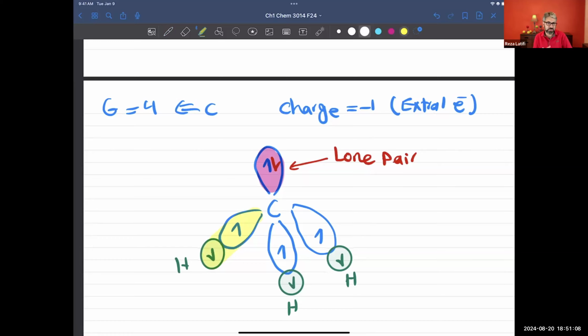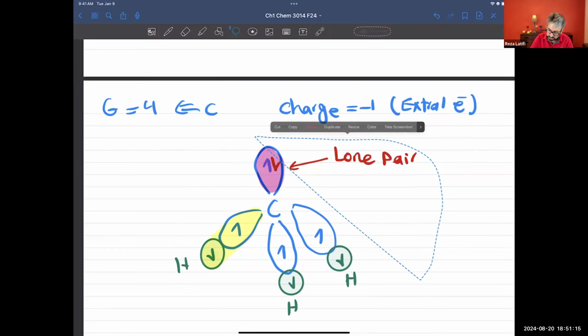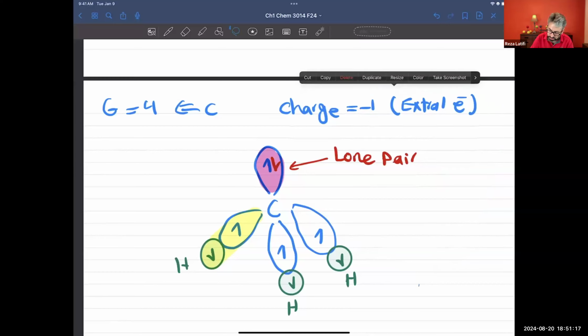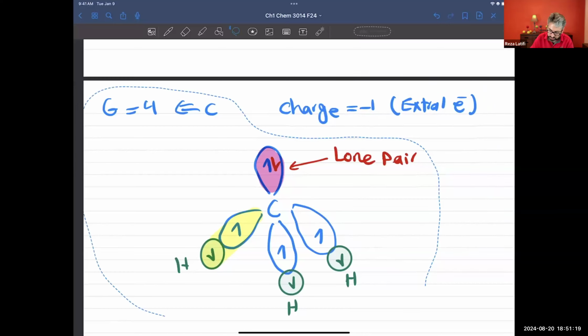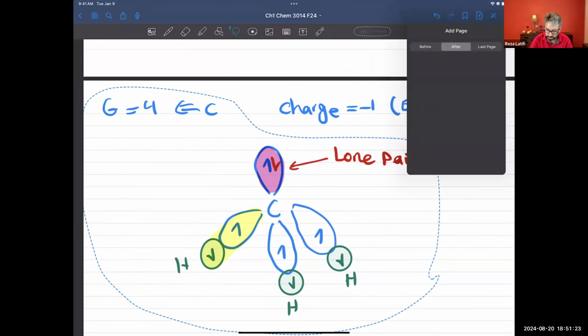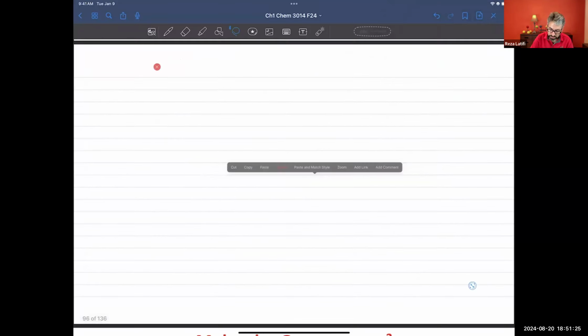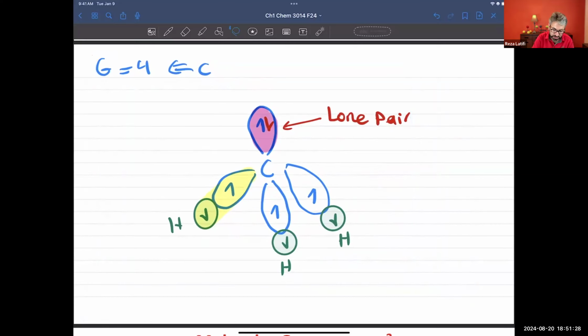Okay. And you have the same story when it comes to nitrogen. So for nitrogen, for NH3, if I copy paste this one for nitrogen, another page. Okay. Let's change carbon to nitrogen.